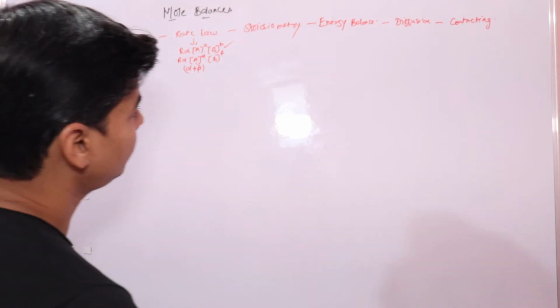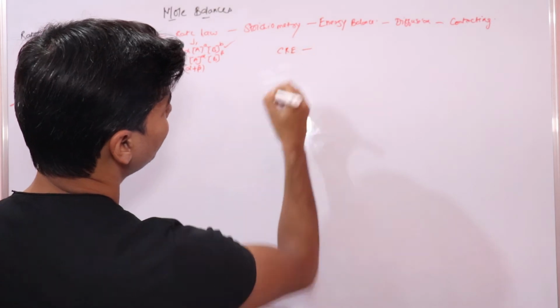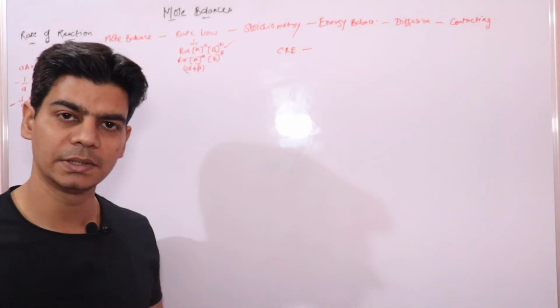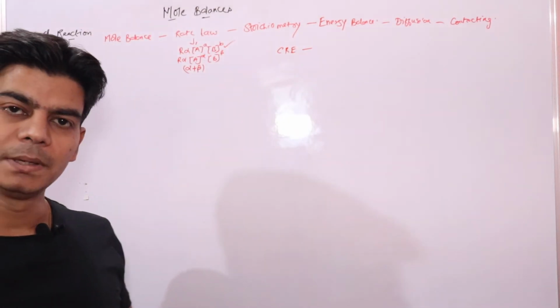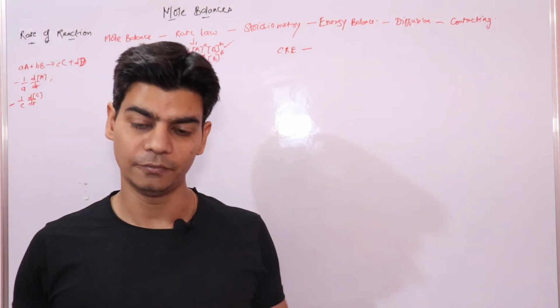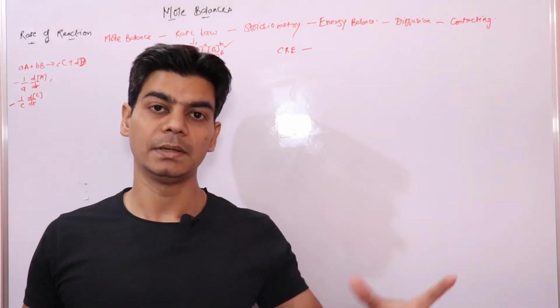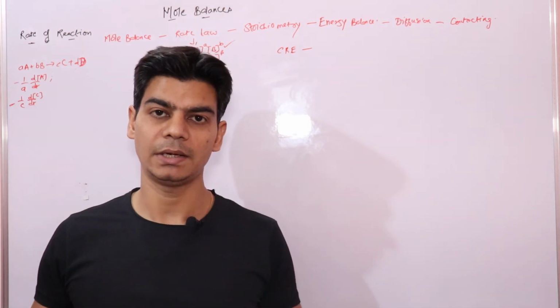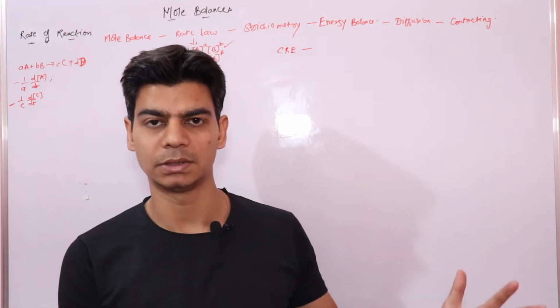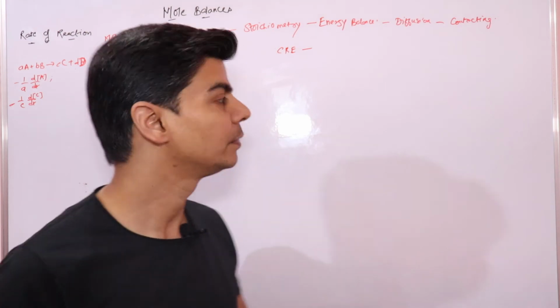So CRE, chemical reaction engineering. What we basically do in chemical reaction engineering, we would be dealing with chemical kinetics and your reactors, right? We would be studying chemical kinetics in reactors, right? Chemical kinetics would be applied to reactors in order to produce chemicals on an industrial scale, right?